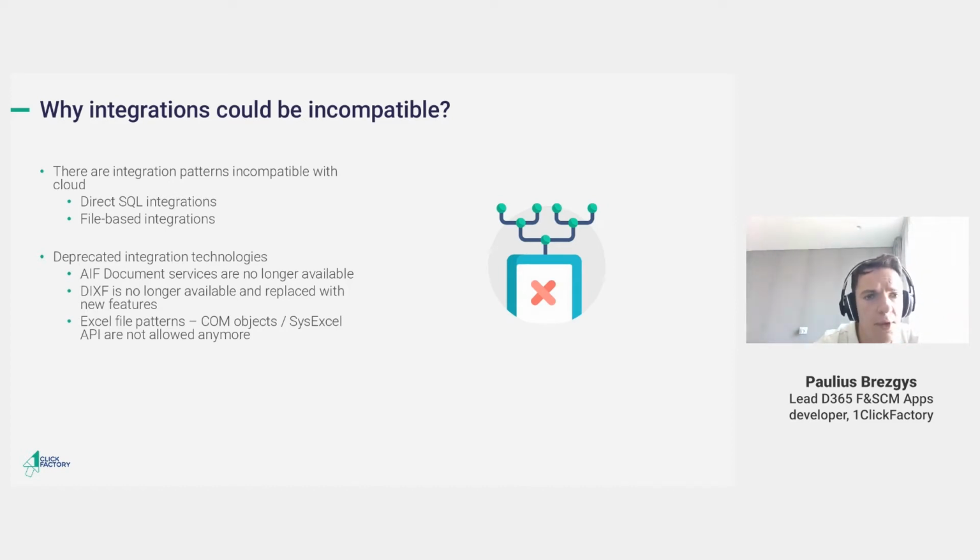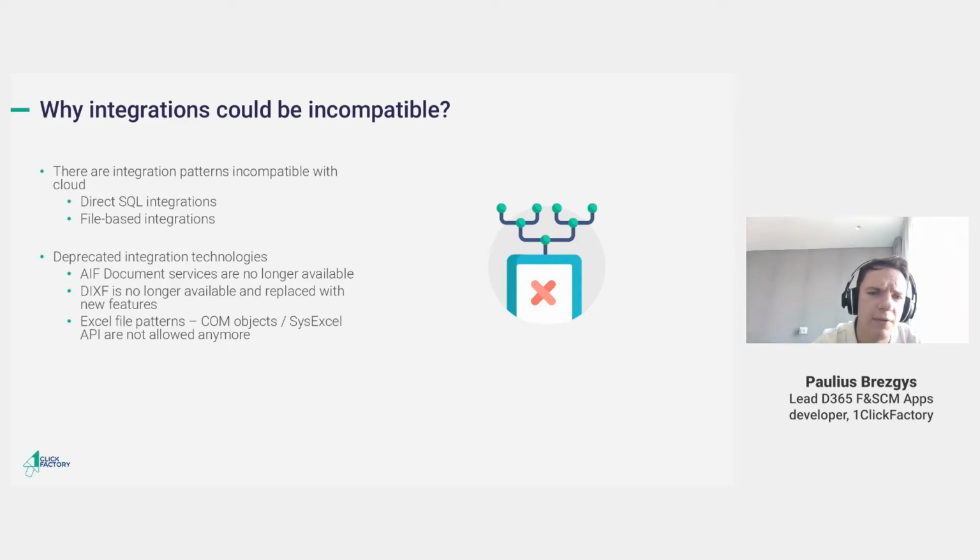So there are two main reasons. First reason is cloud. So there are integration patterns that are not compatible with cloud. Some of these integration patterns are direct database, or as I have written in the slides, direct SQL integration. So whenever something happens directly with the database, it's a good indication that it will not be compatible in the cloud world.